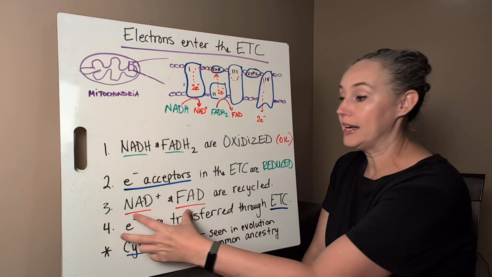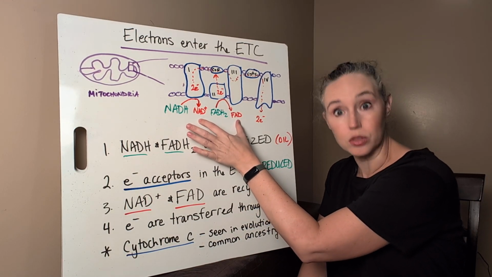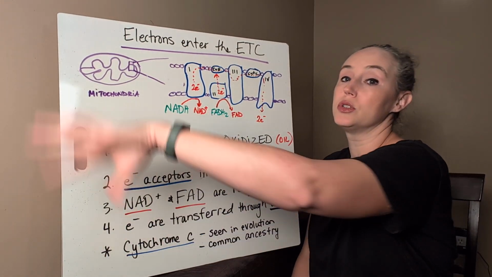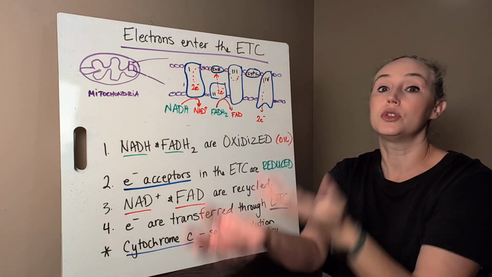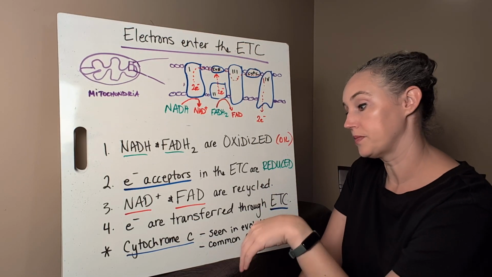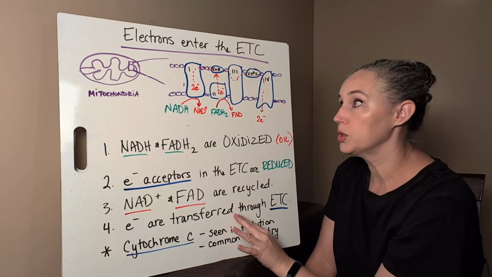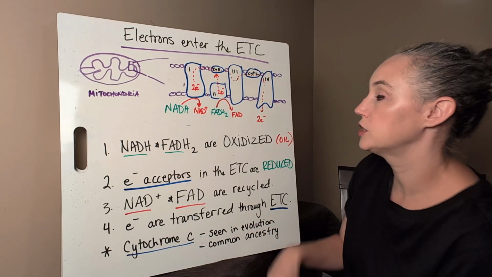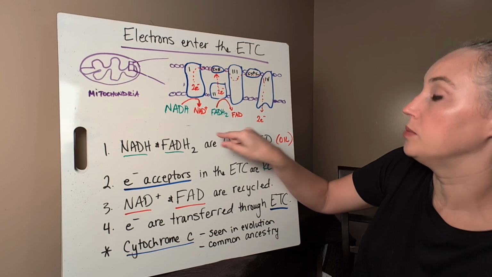All right, now NAD plus and FAD are going to get recycled. So they're going to go back to other parts of the mitochondria or of the cell to get new electrons and come back to the electron transport chain. Then electrons are transferred through the electron transport chain. So check it out. You can follow this little red path.